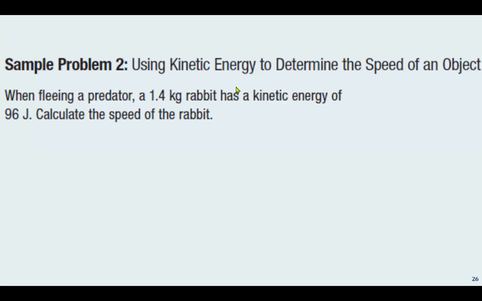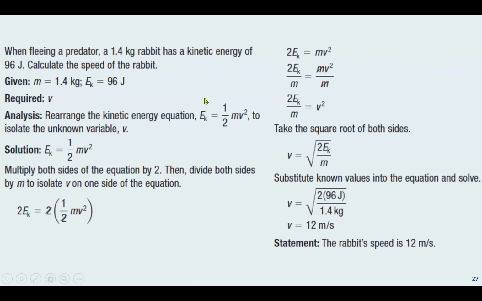All right, let's have a look at this question together. Okay, we can rearrange the kinetic energy equation from EK equals 1/2 m v squared to isolate the unknown variable v.